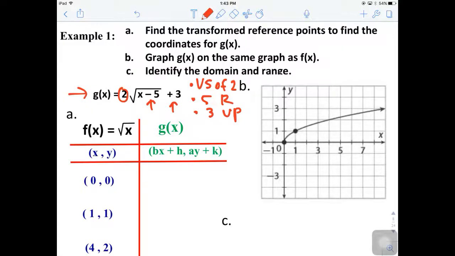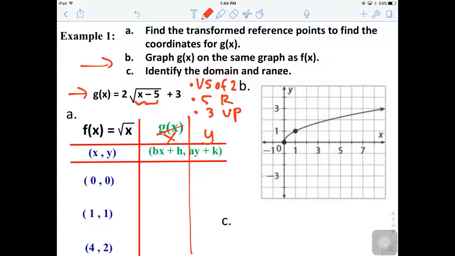So we're going to identify what is associated with the x and what is associated with the y. So we're going to add another line here, and we're just going to call this the x, and this is the y transformation. So for the x equation, anything that's inside the bracket is going to go with the x, right? So there's only 5 units to the right.